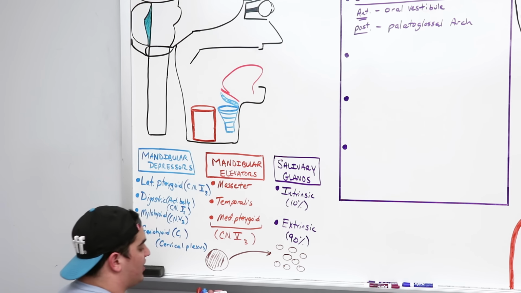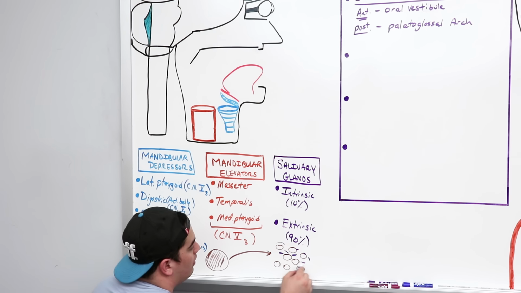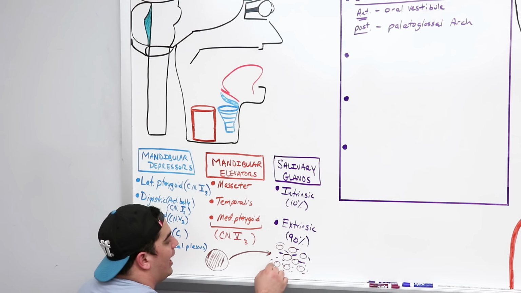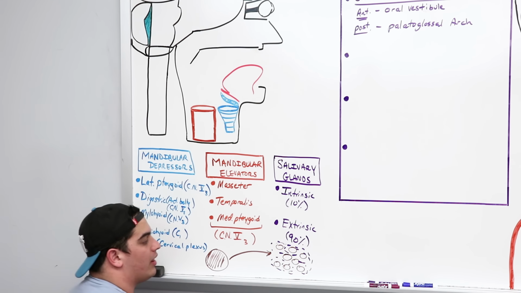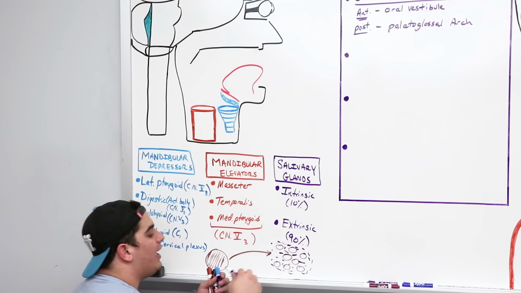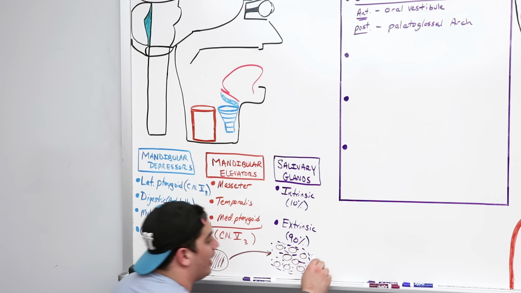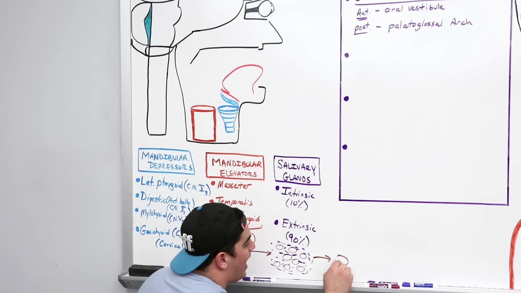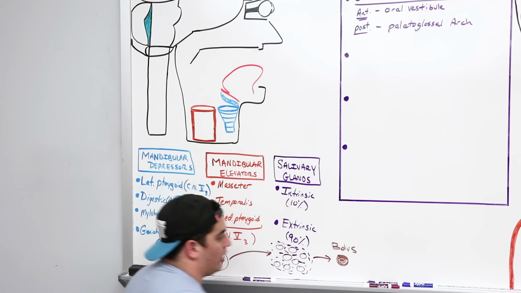Then what happens is the saliva is going to lubricate all of these actual food particles. And there's mucin molecules and different types of digestive enzymes that will combine with this, moisten the food, lubricate the food, soften the food, and make it more into a nice compact mass. So it's not so big. And that little mass that we now have here is going to be called a bolus.